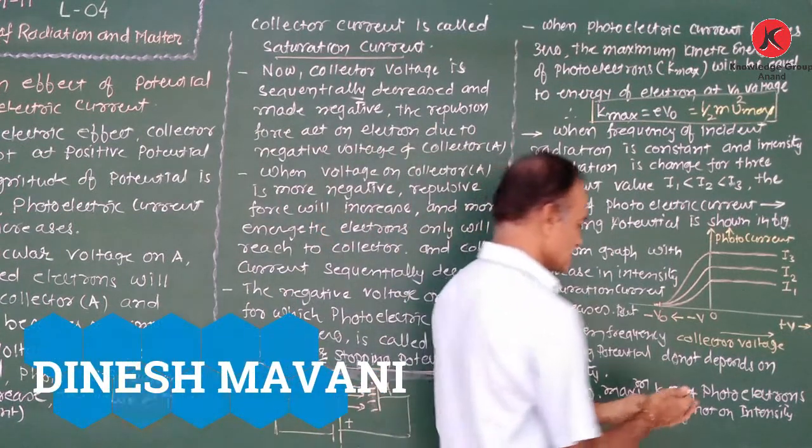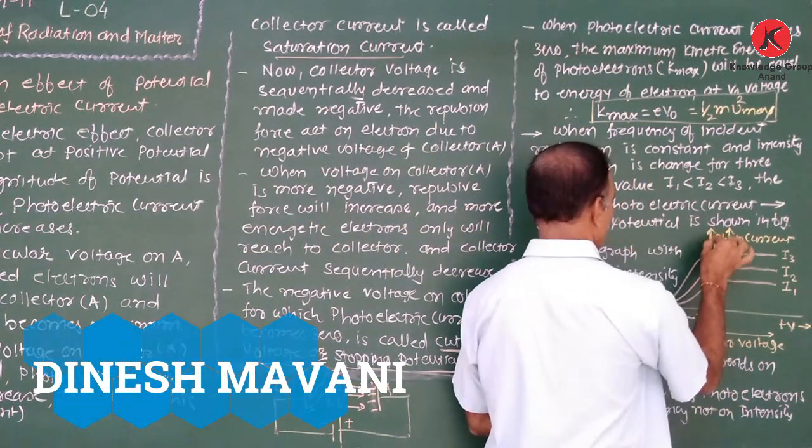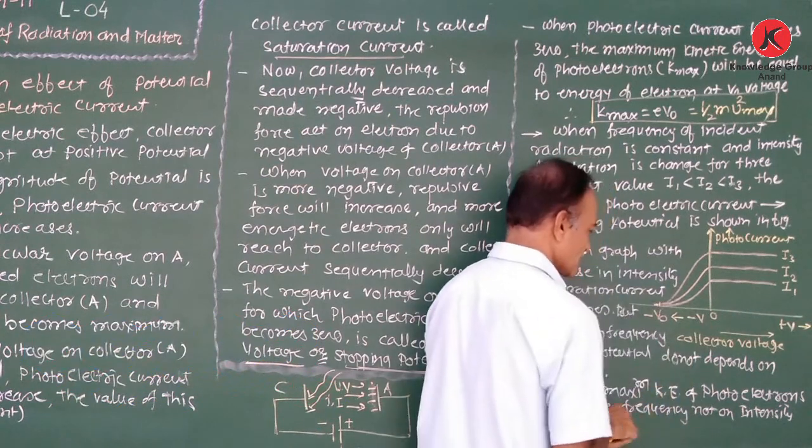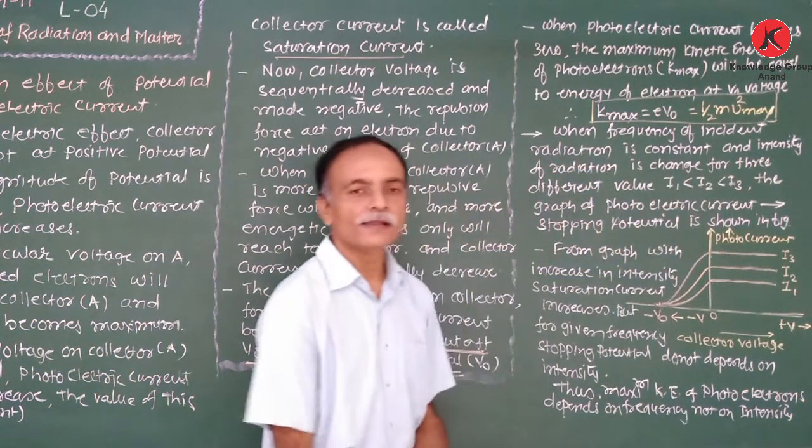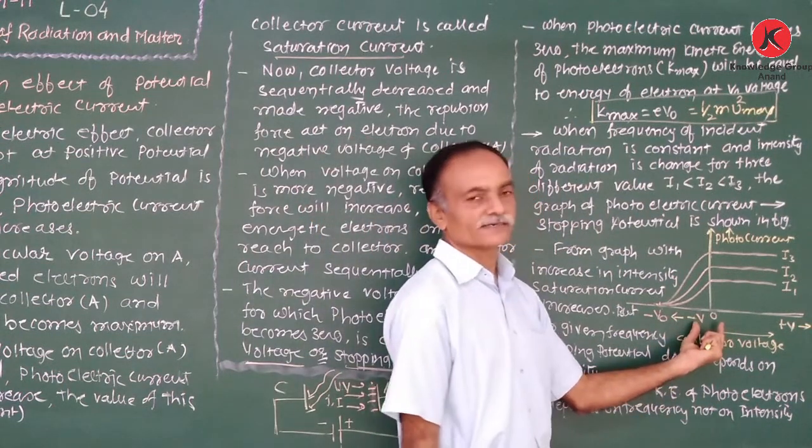On the y-axis, we consider the photoelectric current. On the x-axis, we consider the potential applied on the anode.